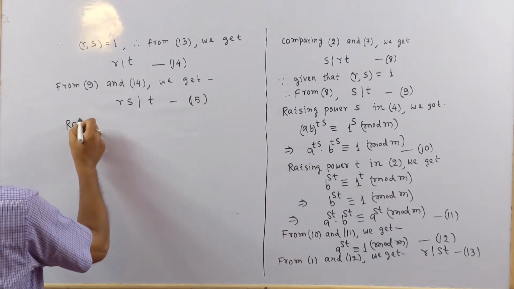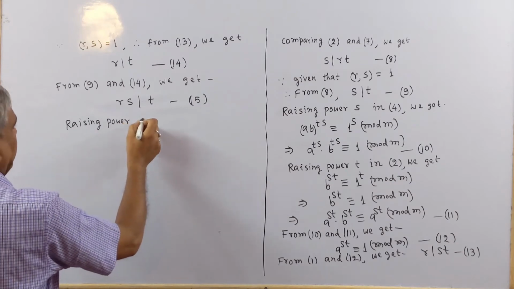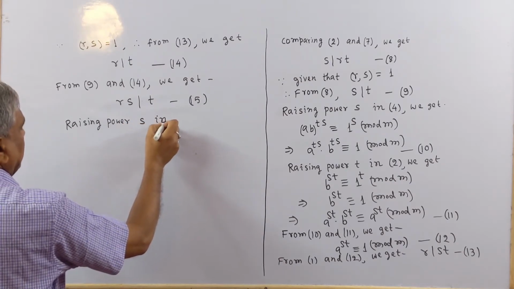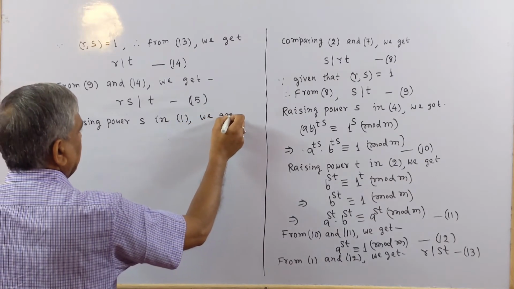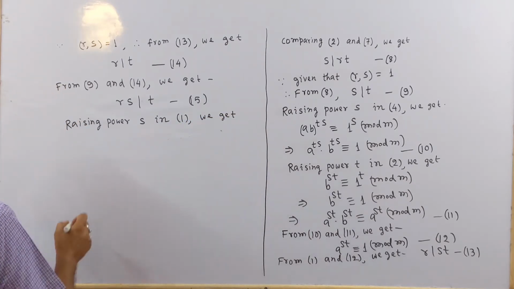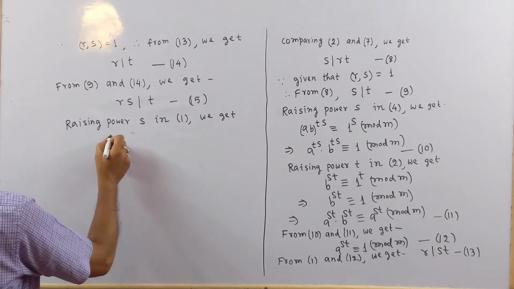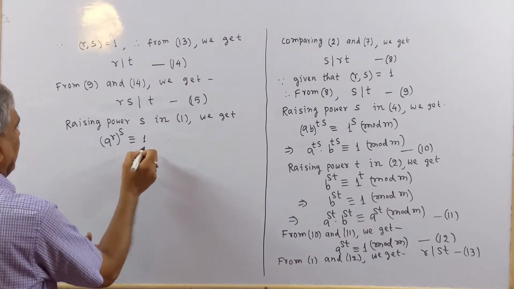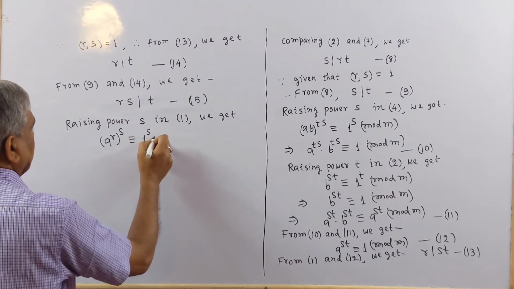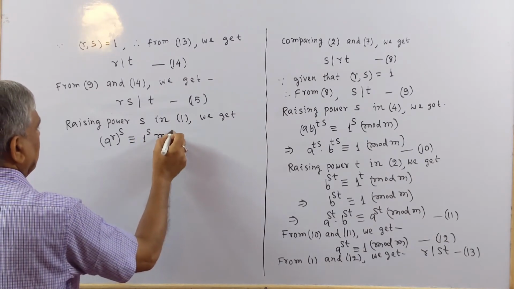Raising power s in 1, we get a to the power r to the power s is congruent to 1 to the power s modulo m.